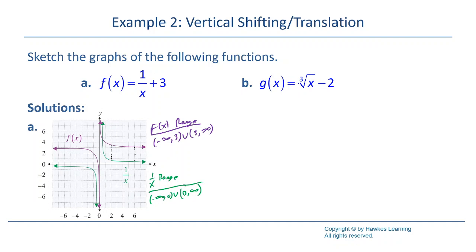A domain example would be, let's say you did the square root of x minus 2, like this. That's going to affect what x values you can use versus a typical square root function, which would only have from 0 to infinity.